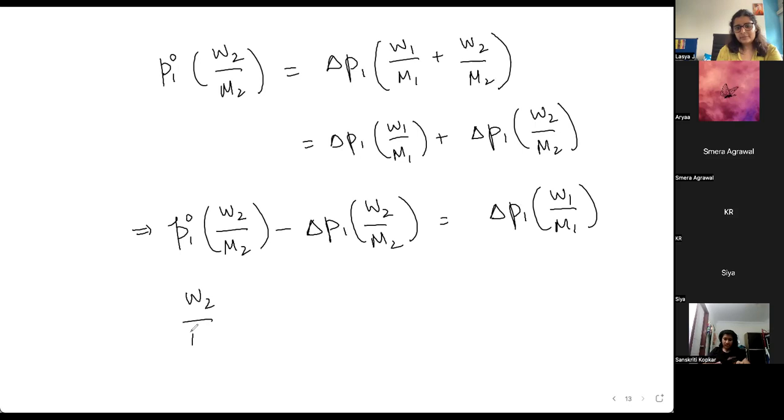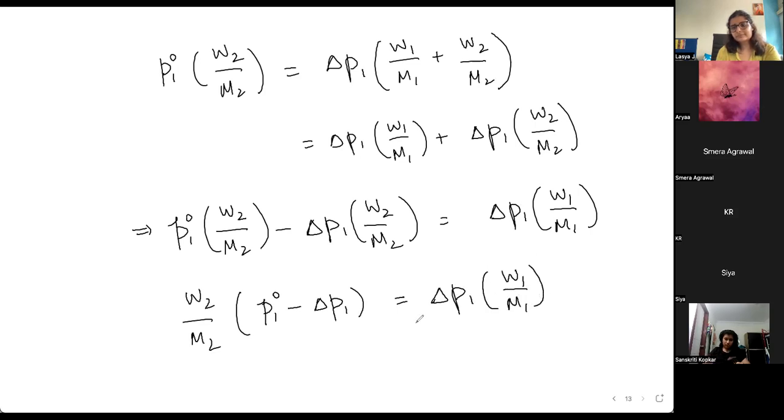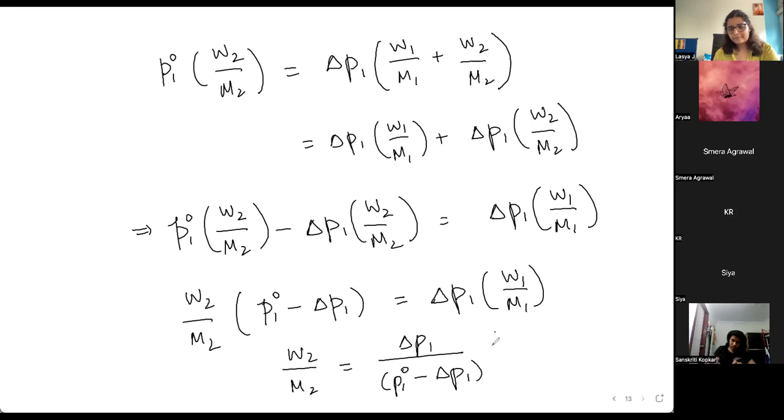So W2 by M2 into P1 naught minus delta P1 is equal to delta P1 times W1 by M1. So W2 by M2 is equal to delta P1 by P1 naught minus delta P1 times W1 by M1.